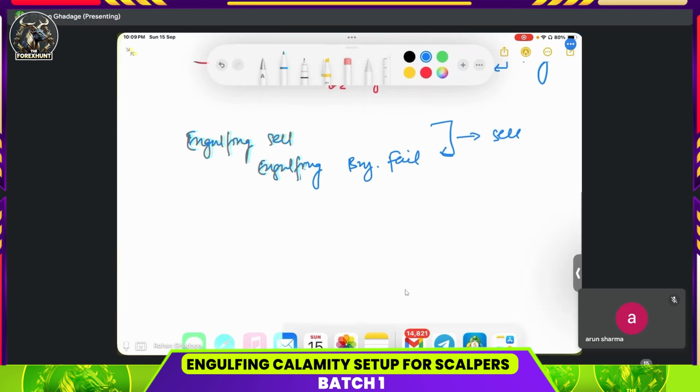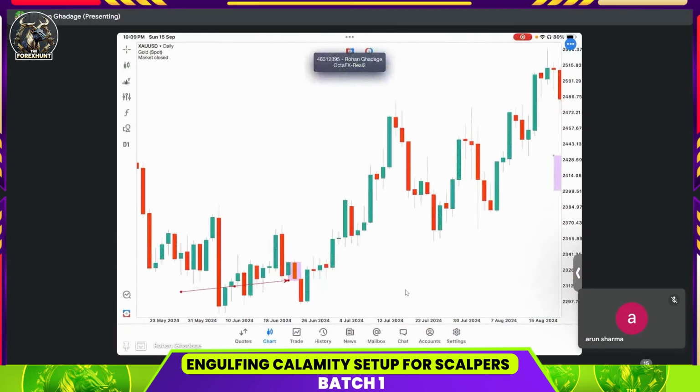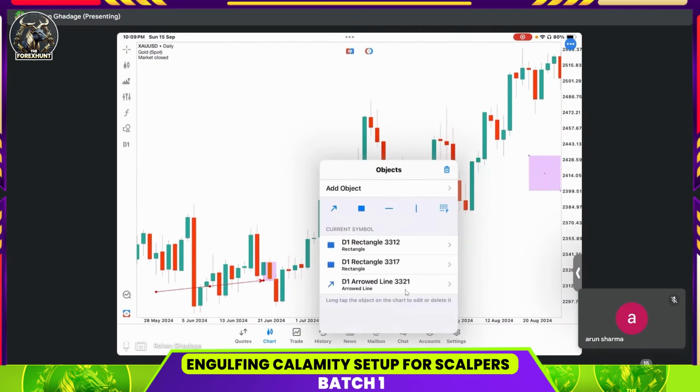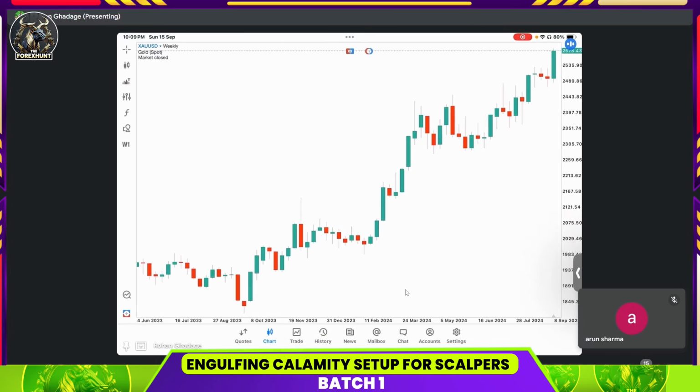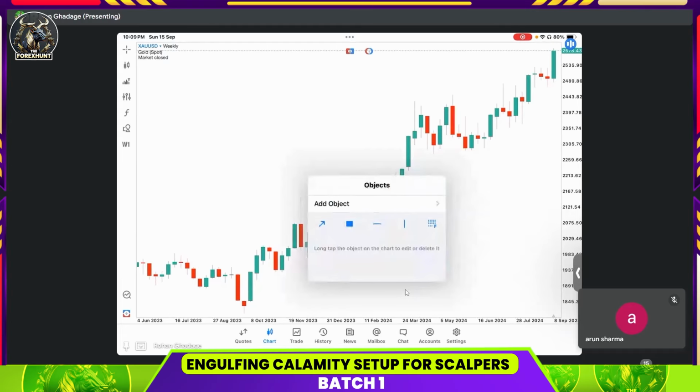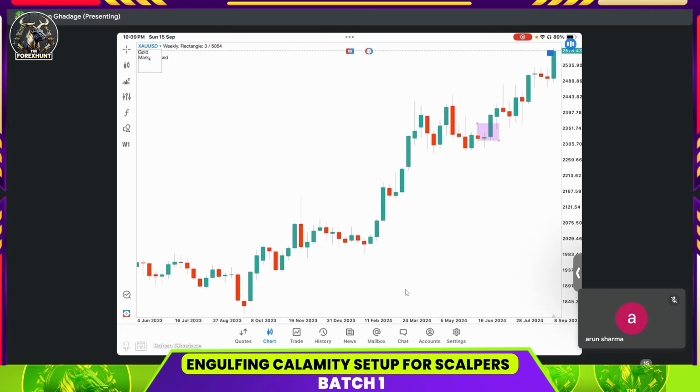So now let's move to the chart. In this particular thing, we will firstly focus on the weekly time frame. You need a weekly engulfing buy, engulfing sell fail, or engulfing buy fail. Let's have a look into the weekly engulfing buy. You can take this one, you can take this one, any engulfing buy or any engulfing sell in the weekly time frame.